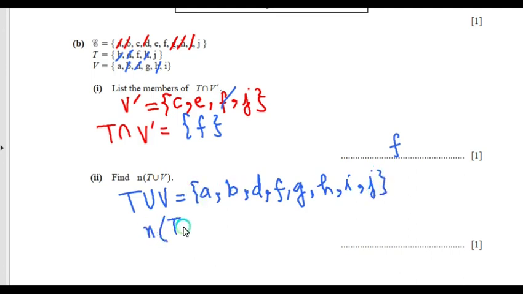Number of elements of T union V: there are 1, 2, 3, 4, 5, 6, 7 and 8, right?